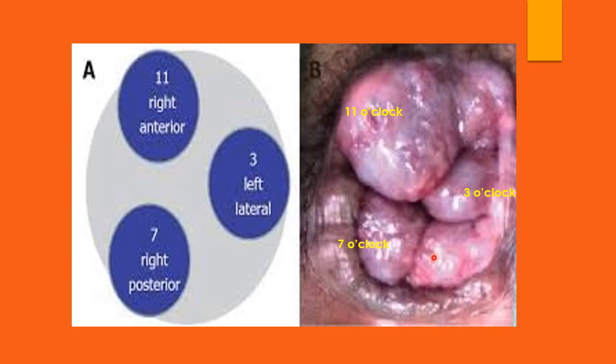In between these prolapsed primary hemorrhoids are known as the secondary hemorrhoids. Okay, so these three primary hemorrhoids correspond to the three branches of the superior rectal artery which continue to supply these three structures.